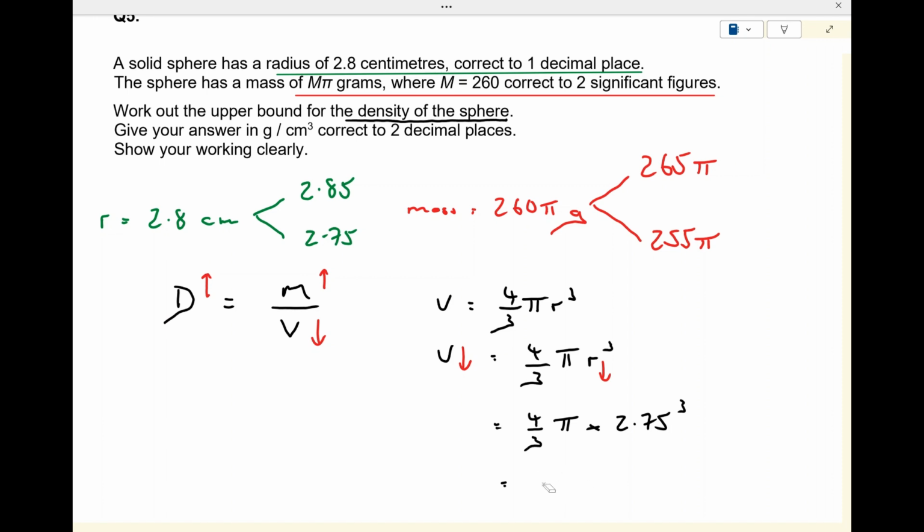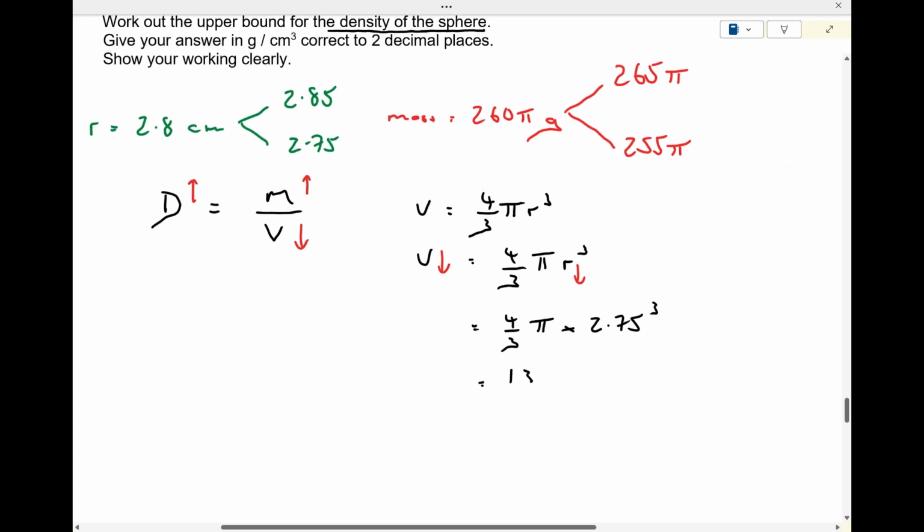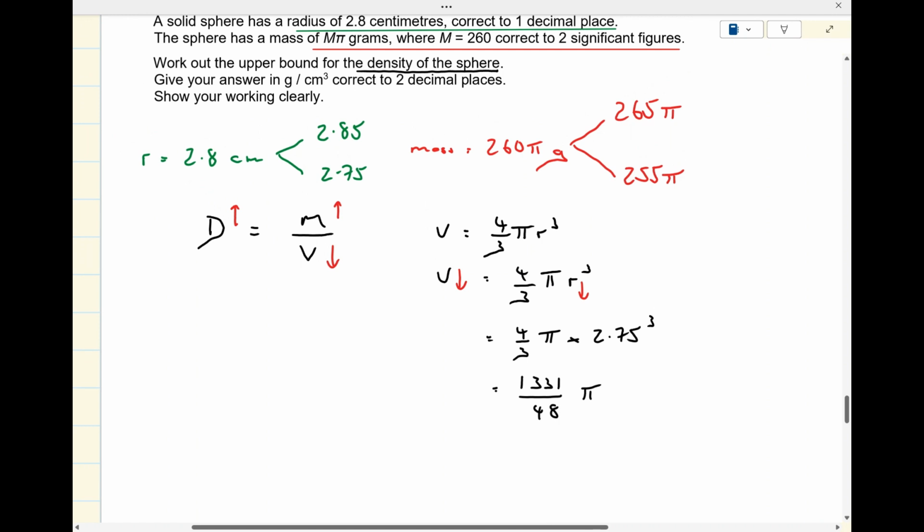Let's write that legibly. 1331 over 48 pi. Now I might just check that, just in case I press the wrong button. 4/3 times 2.75 cubed. And by the way, when you're doing your exam, there's absolutely no harm in checking something. And yes, I've got that right. So that's my lowest possible volume.